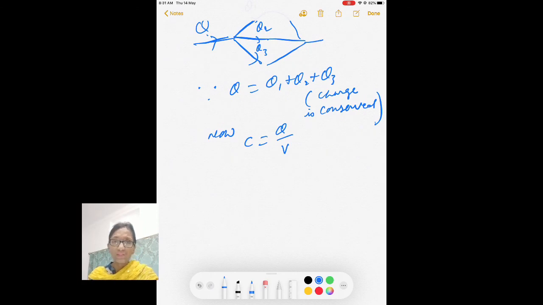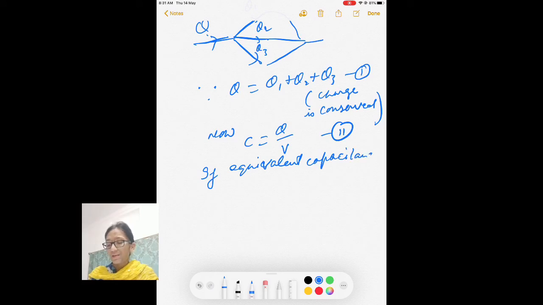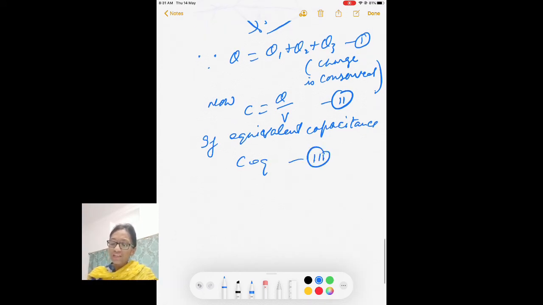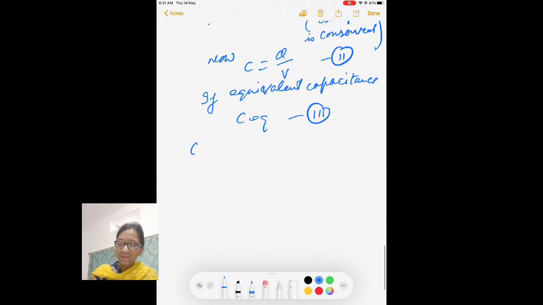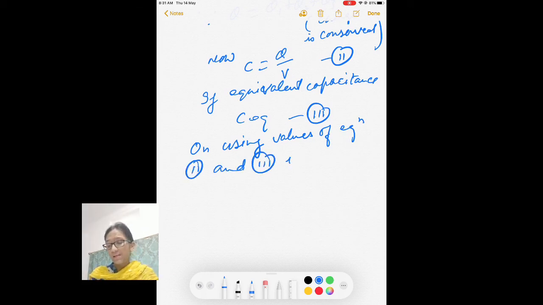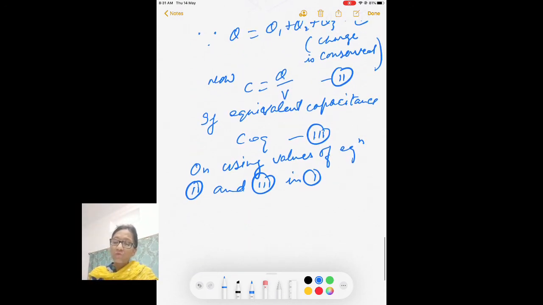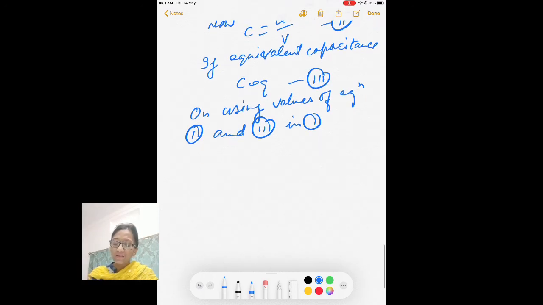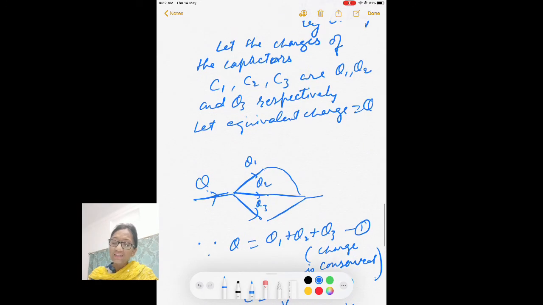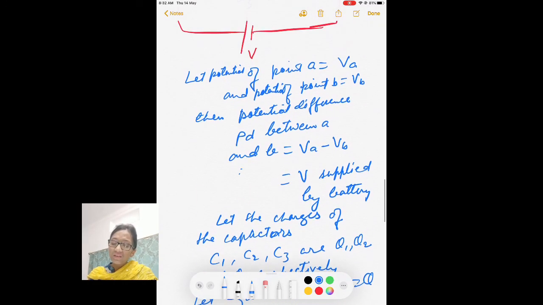So if we have equivalent capacitance C equivalent, then using equations 2 and 3 in 1, in place of Q we write C equivalent into V, as V is the same all along.